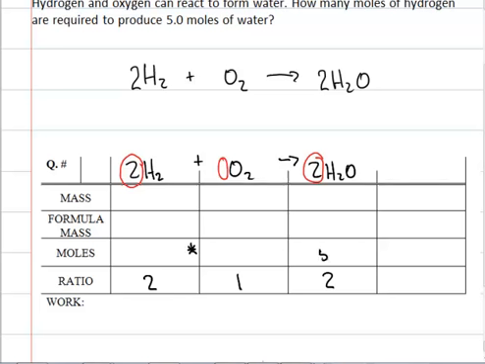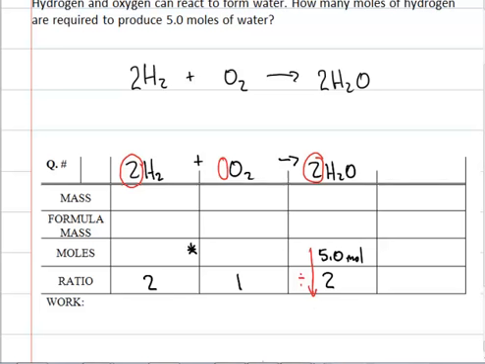Well, if we want 5.0 moles of water here, how many do we need there? Well, remember our rule is divide down. So I take my 5, I'm going down, so we'll take 5 divided by 2 is 2.5, and we can do this in our head. You could use your calculator if you want to.